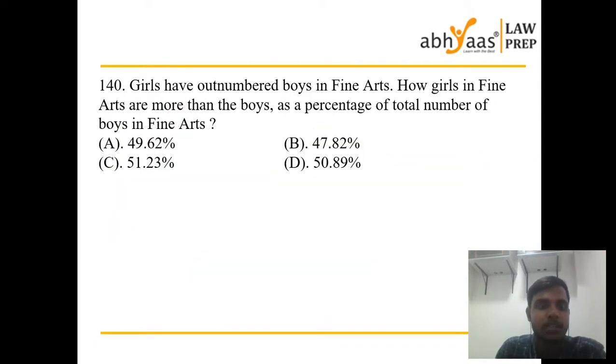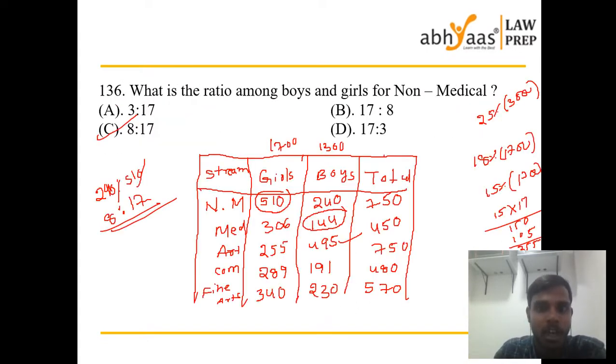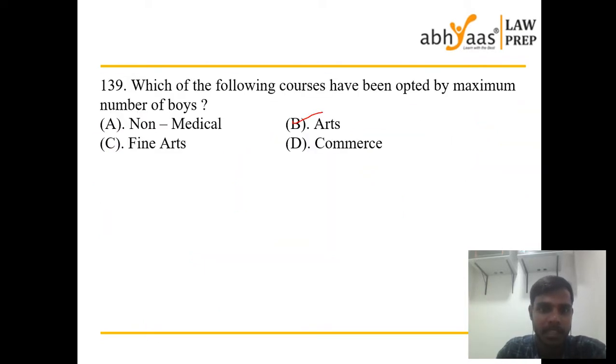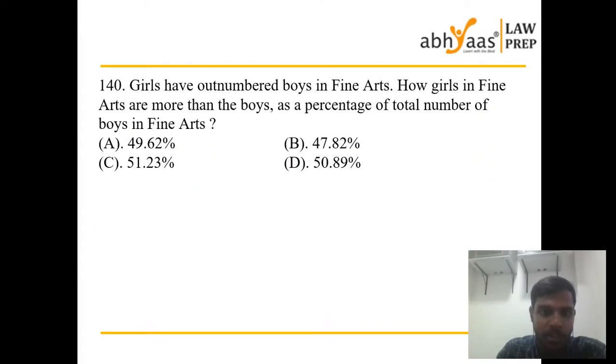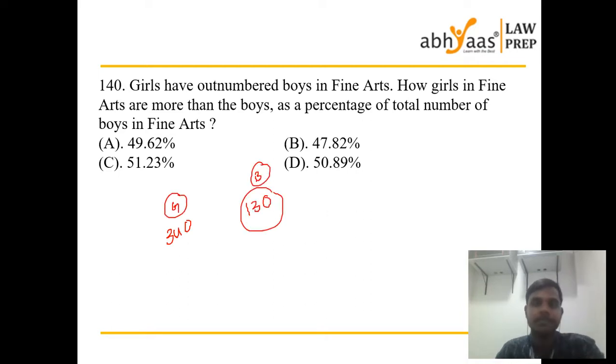The last question. Girls have outnumbered in fine arts. How many girls in fine arts are more than the boys as a percentage of the total number of boys in fine arts? Okay, first of all, how many boys are there in fine arts? 230. Girls are 340. Okay, for this last question, the number of girls 340 and 230. 340 is the number of girls who opted for fine arts and 230 is the number of boys who opted for fine arts.